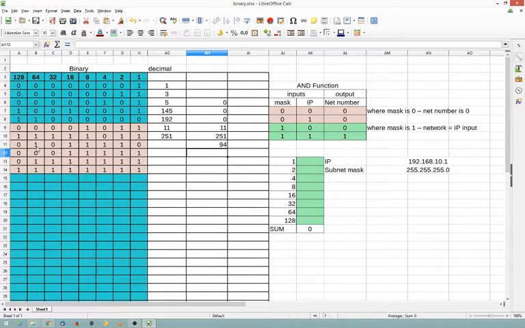That looks about right. So 64 plus 16, if you want to do it in your head, I always double check. So 64 plus 16 is going to equal 80, plus 8 is 88, plus 4 is 92, plus 2 is 94, so that's correct.